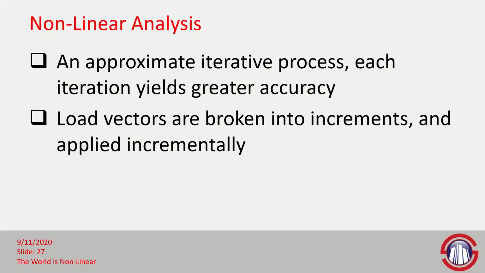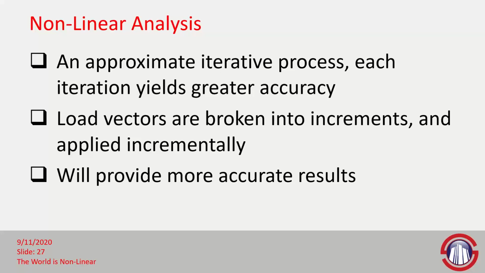And those are going to be applied incrementally. This will provide the most accurate results of the 3 analysis types that we've discussed today. It also gives us the ability to consider nonlinear elements, things like tension-only members, compression-only supports, link elements that might describe material nonlinearity, those sorts of things.